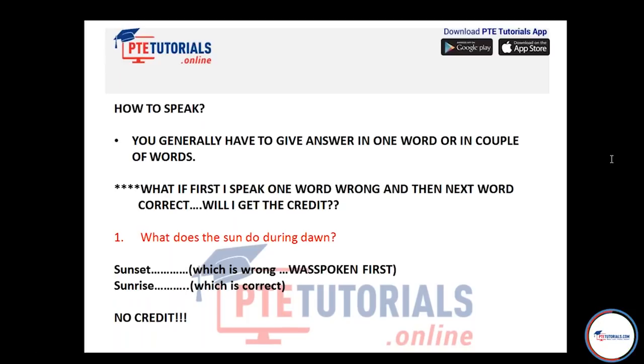Some people, in read aloud, read the lines just by making themselves louder. Actually, this decreases your score. And some people say that fluency means you have to be fluent, and start speaking at such a fast speed that the software will not be able to understand what you are speaking.